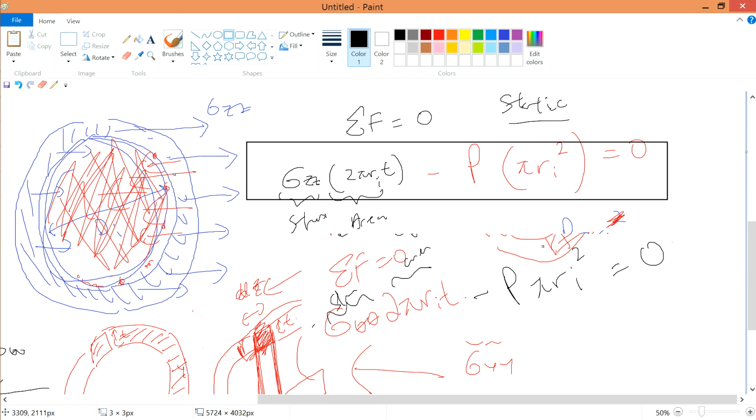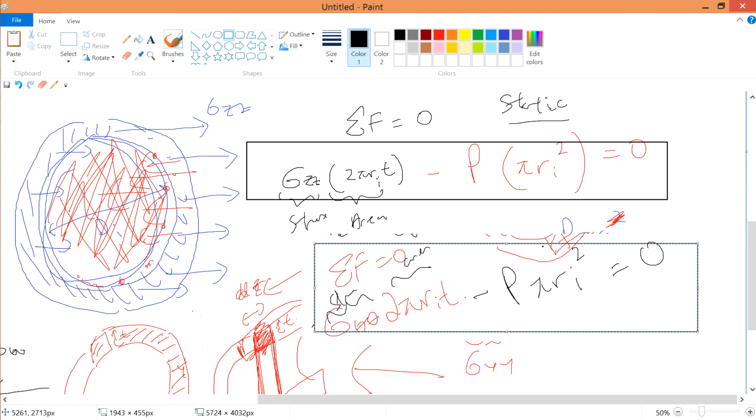This portion over here that we derived earlier from our longitudinal stress for the sphere is exactly the same as if you were to derive it from the point of view of a hoop stress. As you can see, 2 pi r t, 2 pi r t, P pi r squared. The only difference is in the stress ZZ and stress theta theta, and we know that stress ZZ and stress theta theta, or wherever XYZ, are all the same.